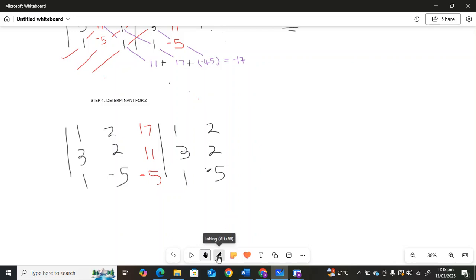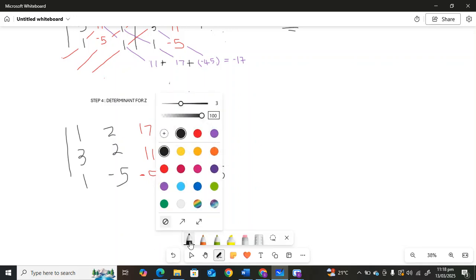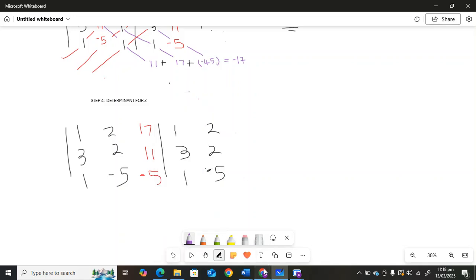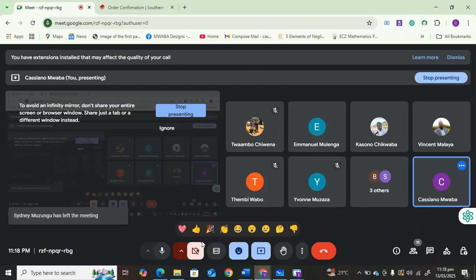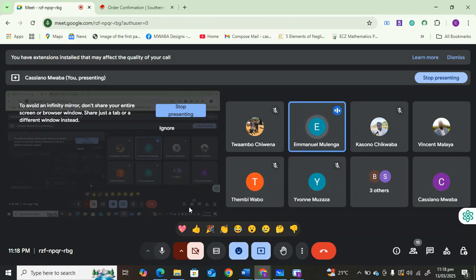Why is the first? I don't know the reason why, sir. But just remember, every time you make that matrix, the first two columns are the ones you put outside.